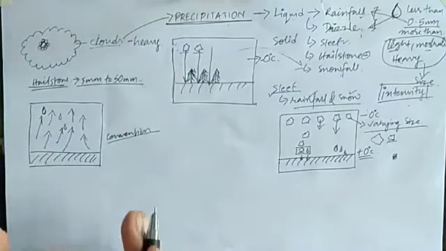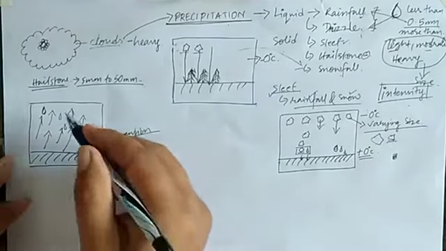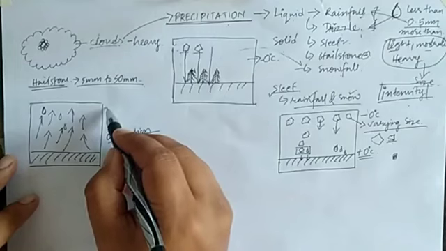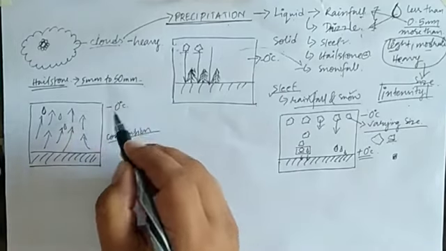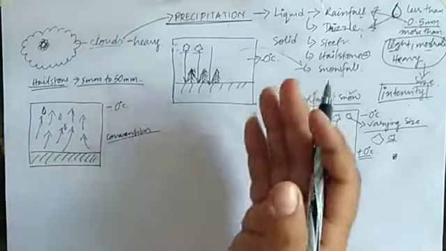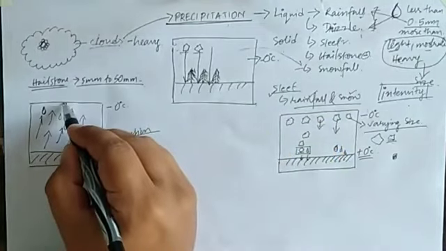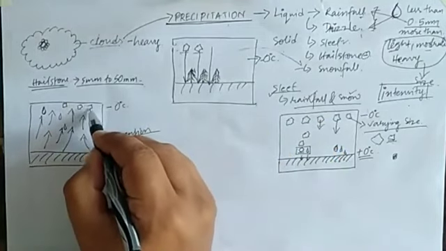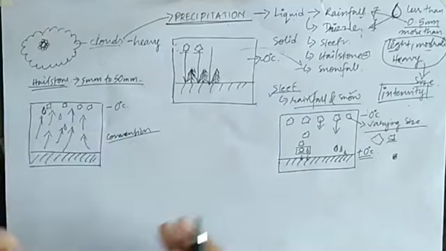When they go up in the higher atmosphere, due to the decrease in temperature, those rain droplets will convert into ice crystals, a thin layer of ice.